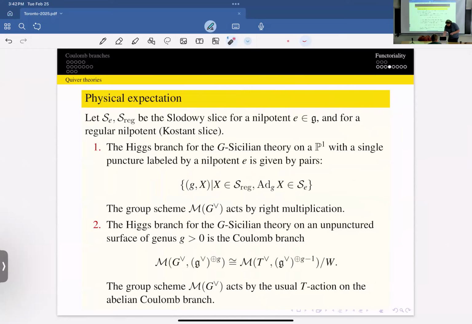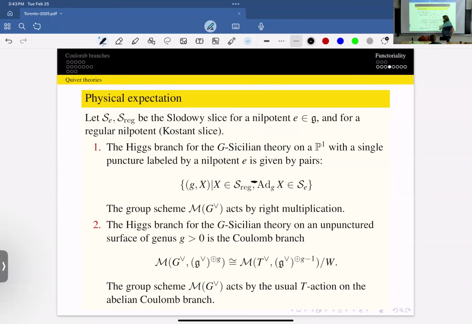Ooh, and I forgot a minus sign here. So if I want to take the Higgs branch for a Sicilian theory with a single puncture labeled by a nilpotent, what I have to do is think of pairs of elements of my group, elements of the regular Slodowy slice, and then when I look at minus ad G acting on them, that should be in the Slodowy slice for the nilpotent that's describing my puncture.